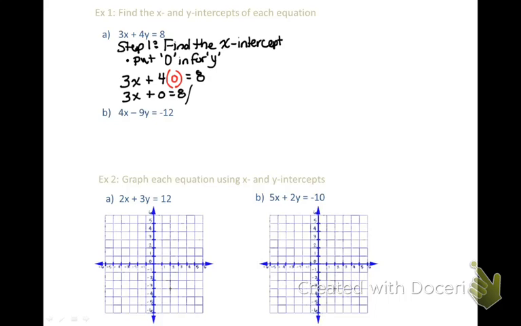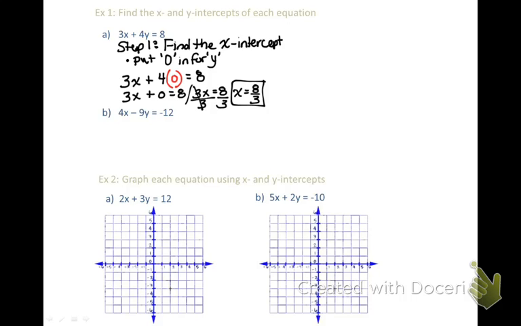If you want to skip that and just put 3x equals 8, that is fine. And then we divide by 3 to get x by itself. And so x equals 8/3. And that is your x-intercept.